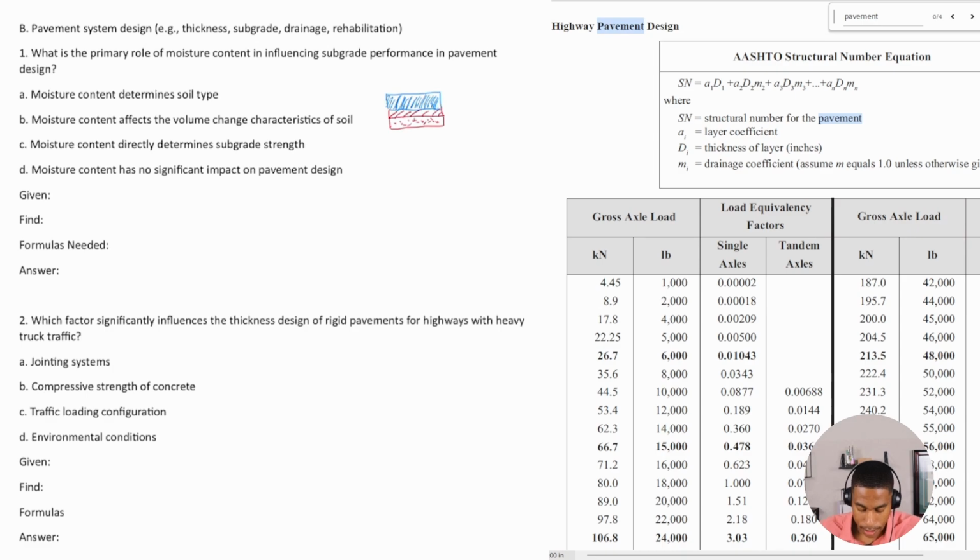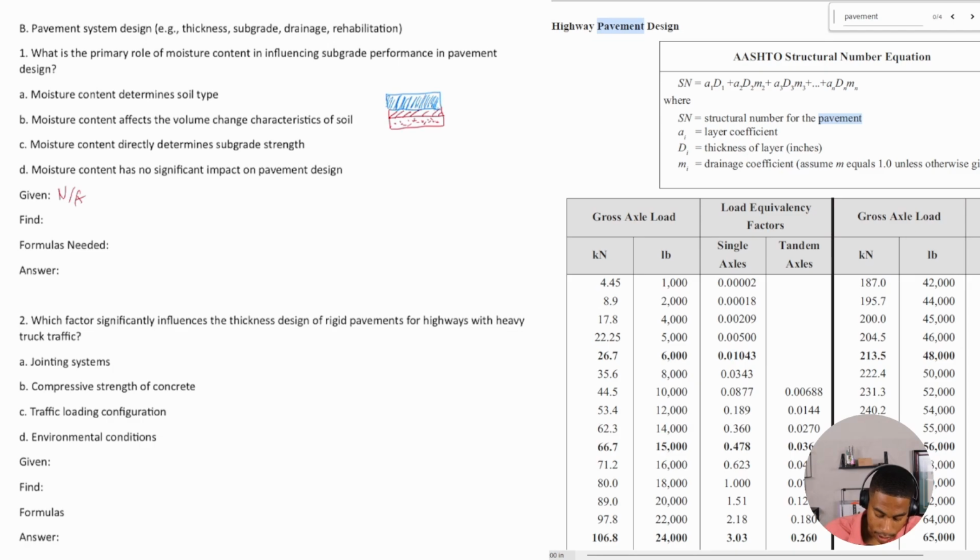Let's start out by going through our given, find, formulas sequence. What are we given? We're given a question. We're not given any variables, so this is not applicable. What are we trying to find?